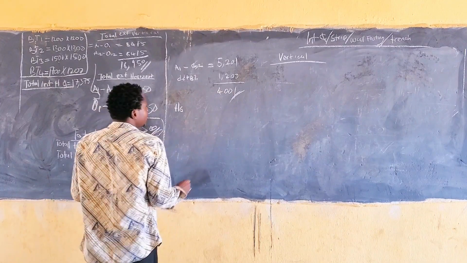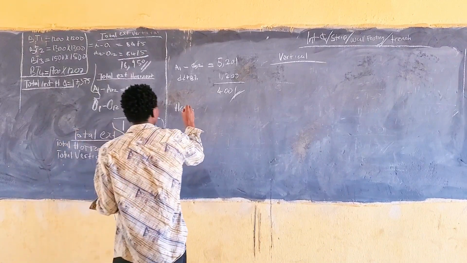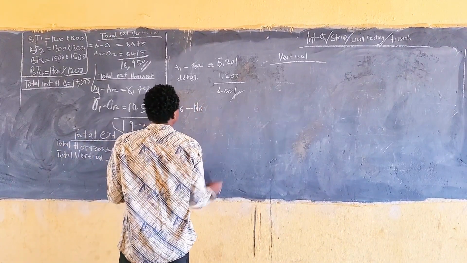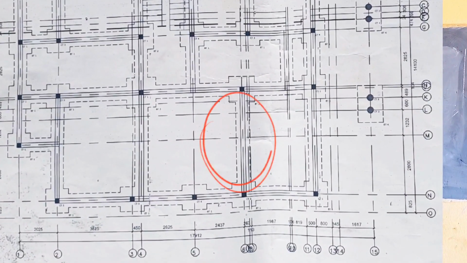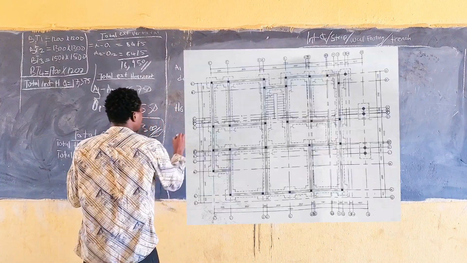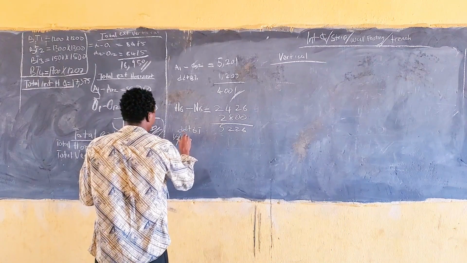So the next vertical strip we'll be taking is H6 to N6. That'll give us 2,426. You know, we add up the dimensions. 5,226. So there's a base type 1 there. Deduct the base type 1, deduct BT1. Only half falls along our strip.